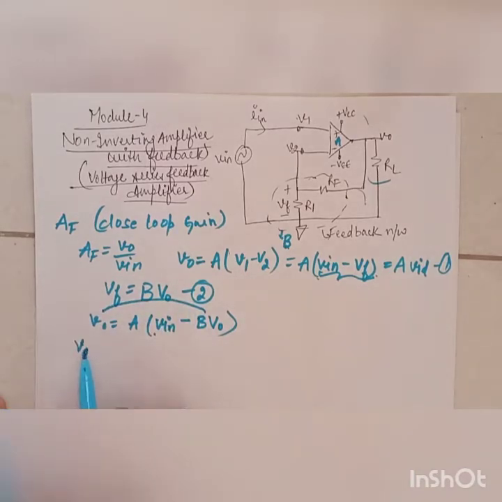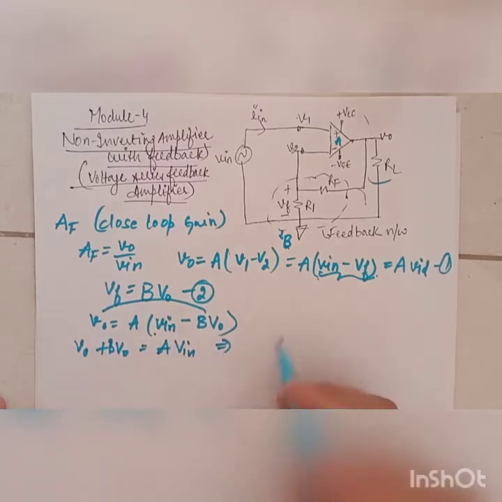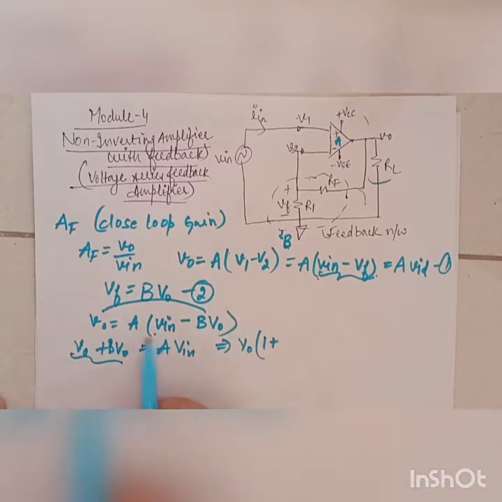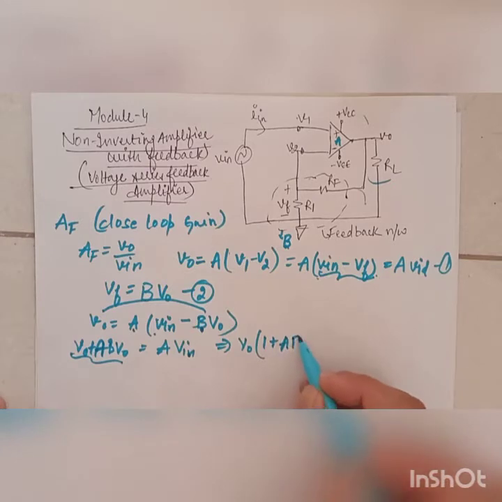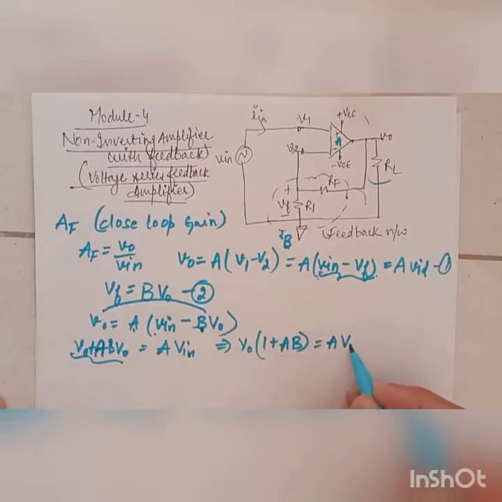So V0 plus AB V0 is equal to A times Vin, because A is multiplied by this and this is sent here. If I take V0 common from these two, V0 times (1 plus AB) is equal to A Vin.